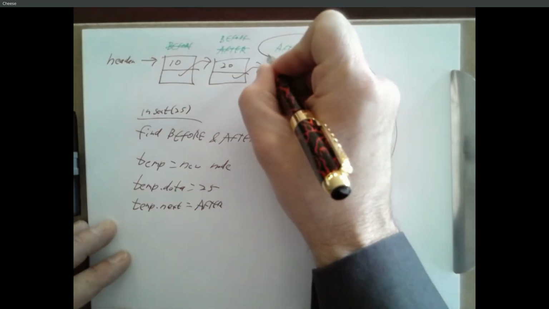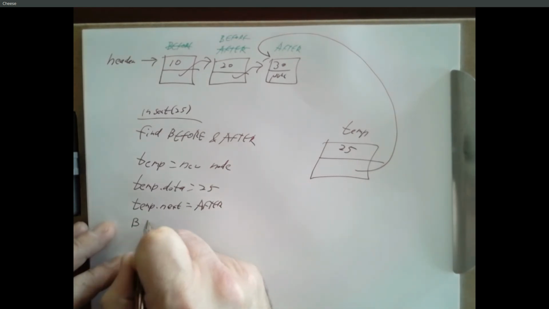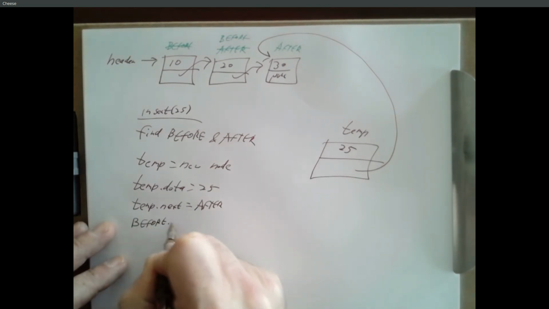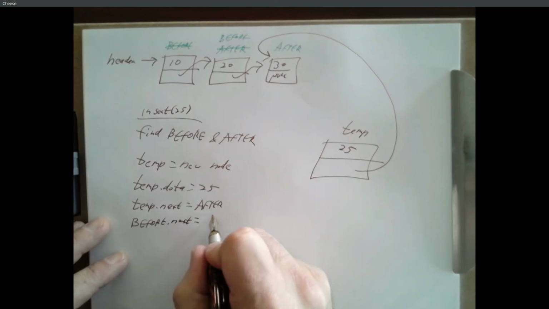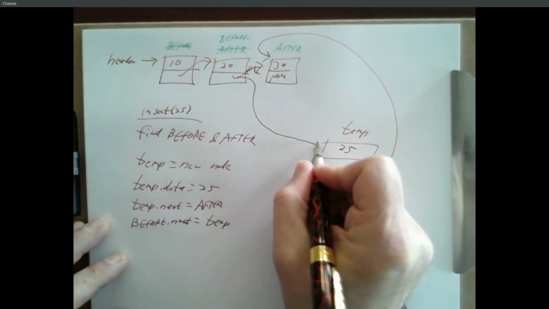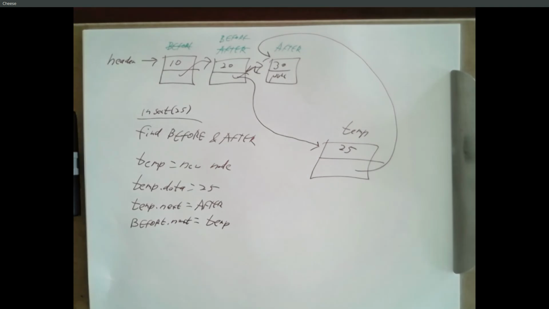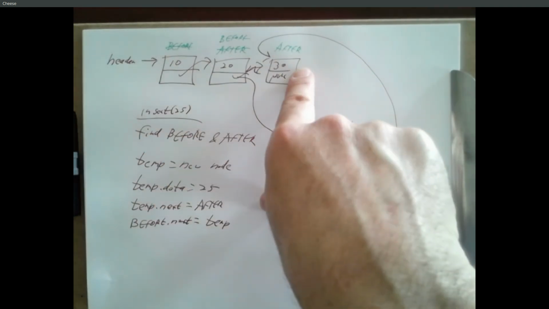Because we want this to point to the node that comes before, and before dot next should equal what? Temp. Perfect. And there's our insertion. 10 followed by 20, followed by 25, followed by 30.